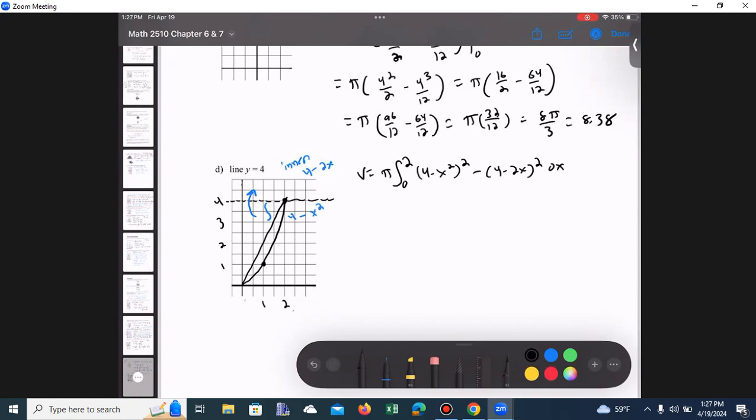So we will FOIL these out. So we will get 16 minus 8x squared plus x to the fourth, minus 16 minus 16x plus 4x squared dx.